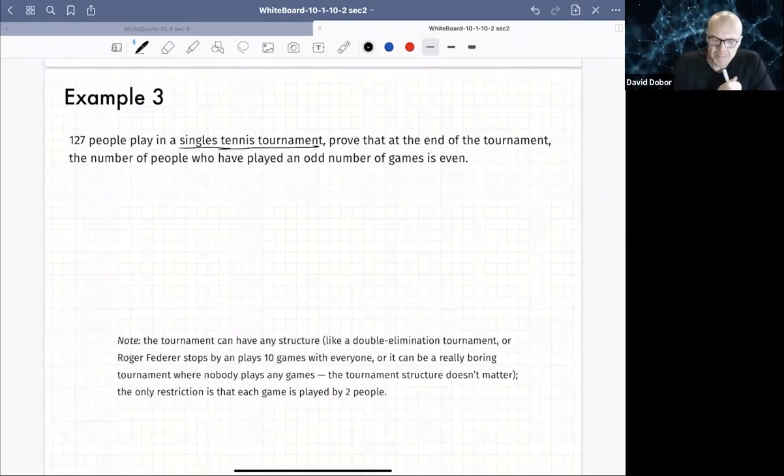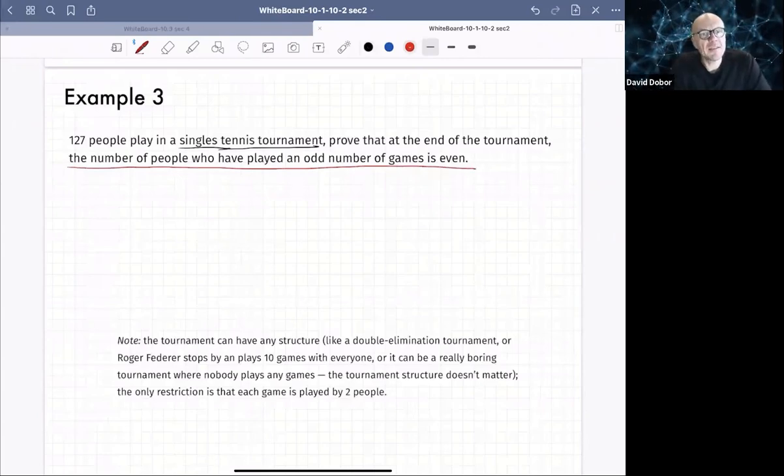Here's what we'd like to prove: that the number of people who have played an odd number of games is even. It may take a minute to parse this, but let's see what's happening. So you have some number of people participating in this tournament, right? Each person plays some number of games, right?